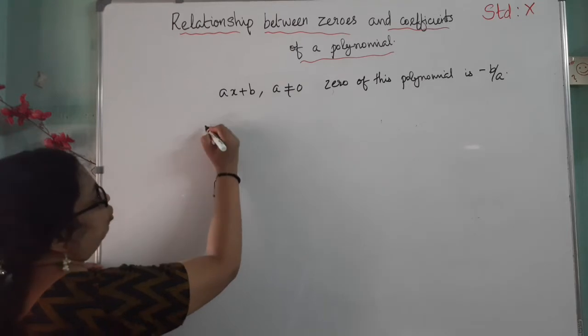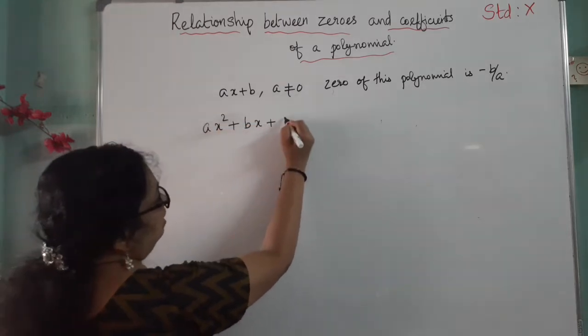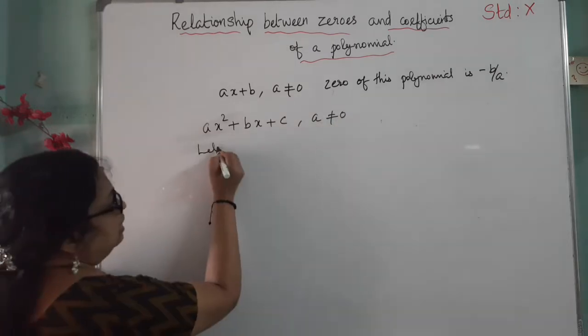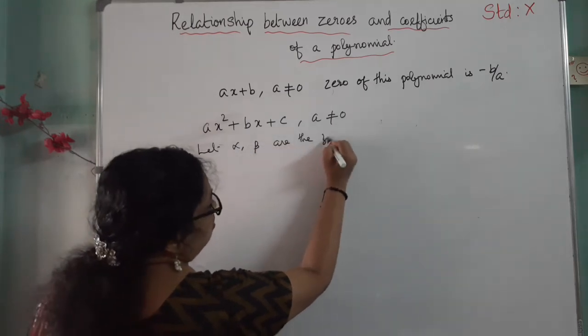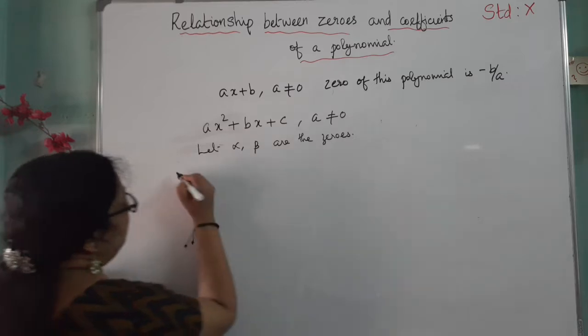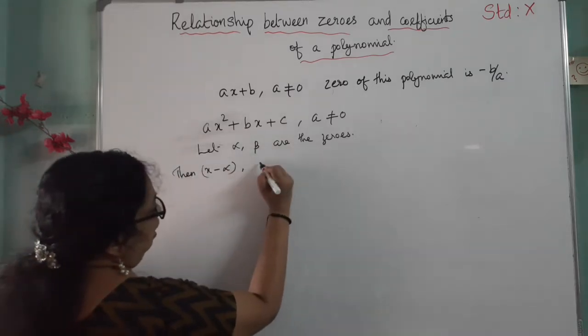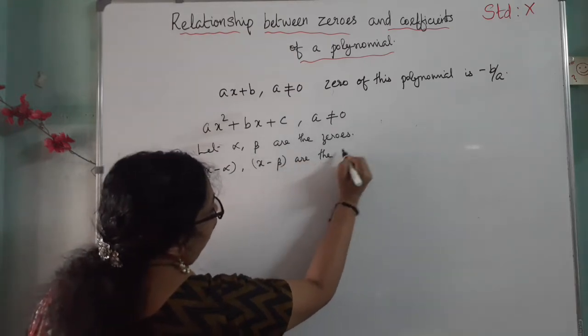Generally we can take a quadratic polynomial of the form ax square plus bx plus c where a not equal to 0. Let alpha and beta be the zeros. Then x minus alpha and x minus beta are the factors.